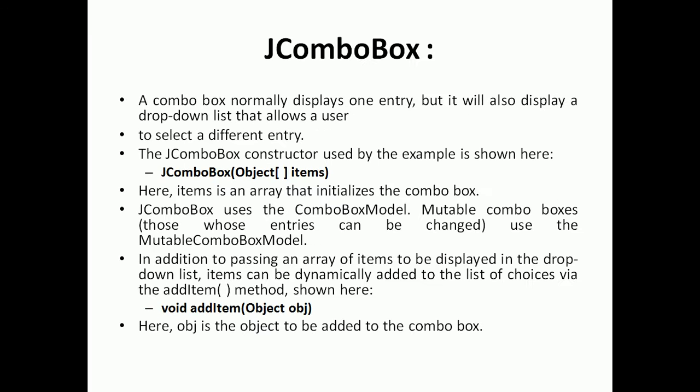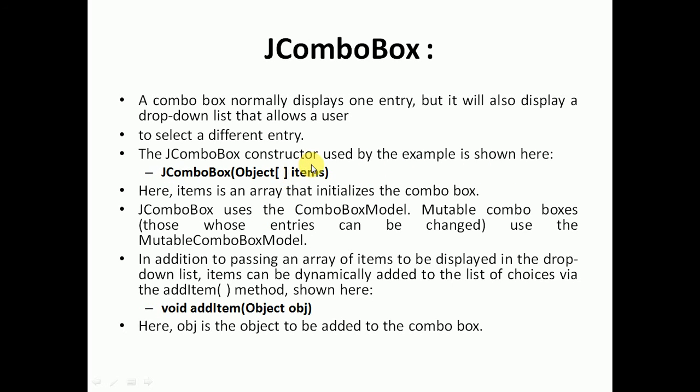So next one, the last part, is the JComboBox. A combo box normally displays one entry, but it will also display a drop down list that allows the user to select a different entry. The JComboBox constructor used by the example is this.